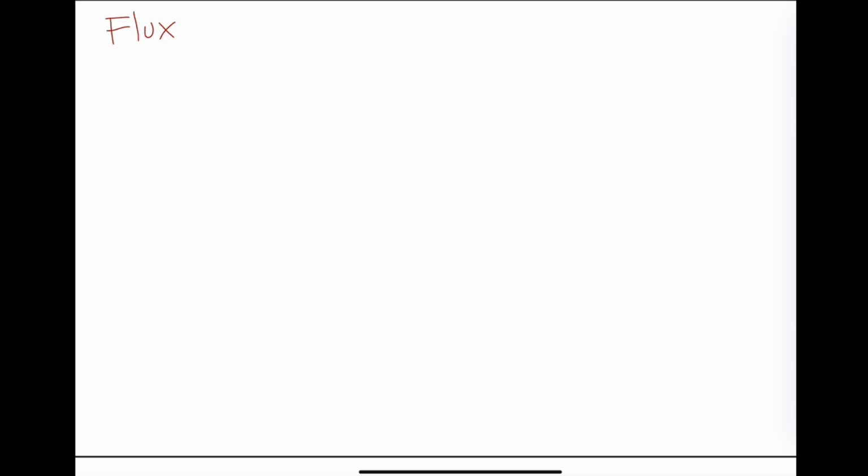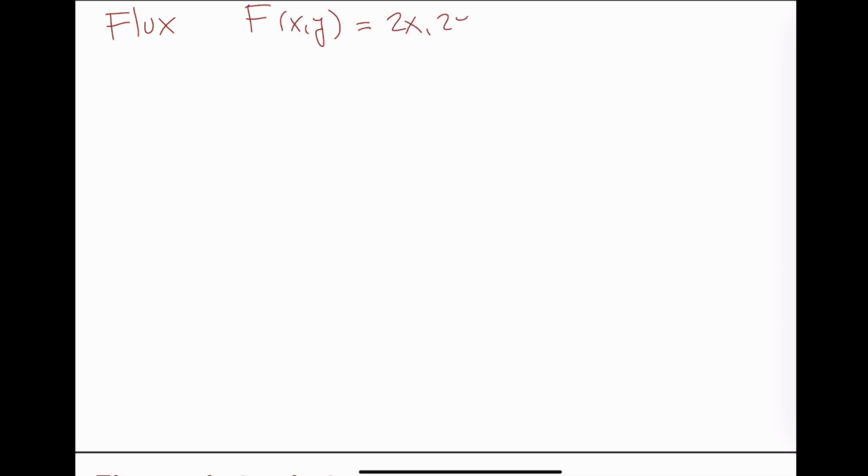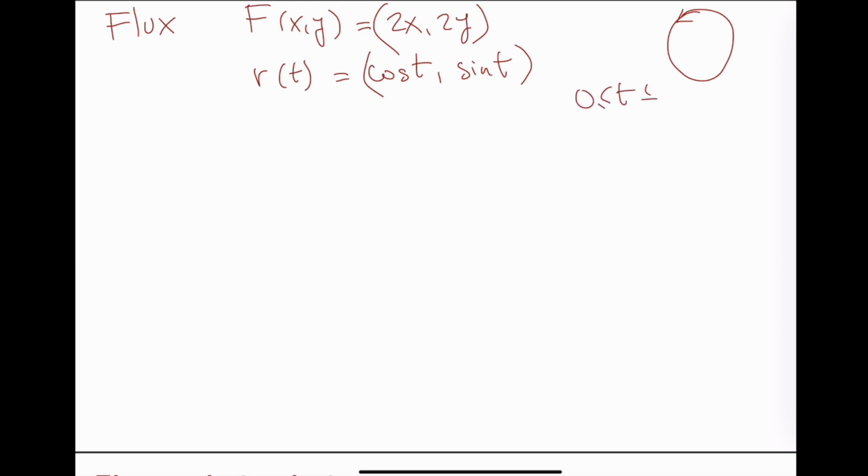Let's calculate the flux of the vector field 2x, 2y over the unit circle traveling in this direction. So we know that the parametrization of the circle is r(t) equal cosine t, sine t, where t varies to get the whole circle between 0 and 2 pi.